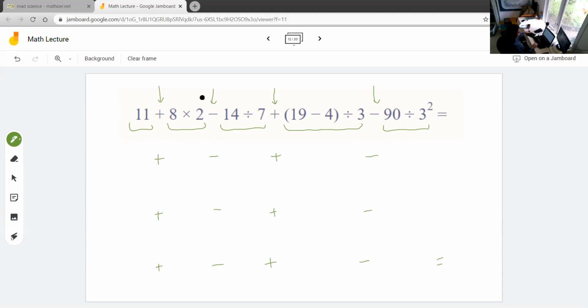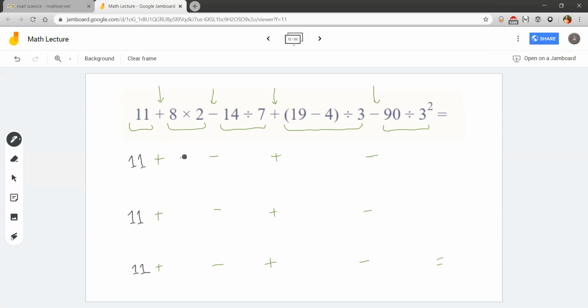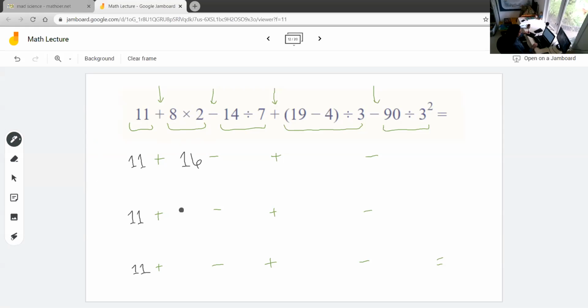Okay, everyone happy with my setup? So this one, I get to go first. Oh, that's just 11. Somebody call out what happens here. 16. 16. Not sure we actually need this many lines. We'll see. Okay, someone else.